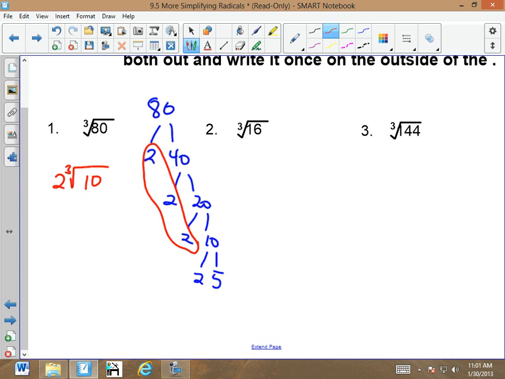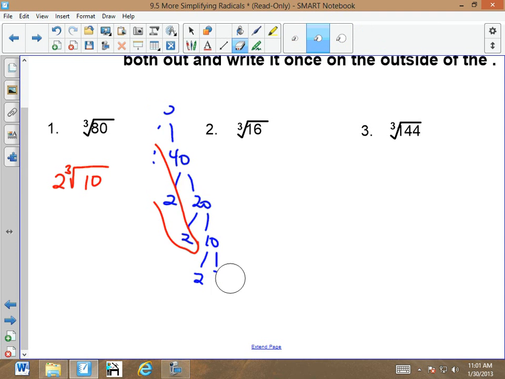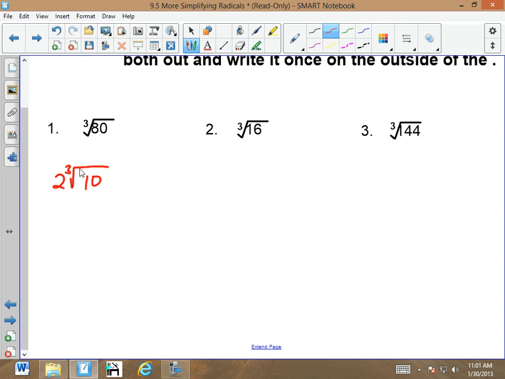Okay, so let's go with 144. I'm going to go 2 and... Now this is where you can use a calculator. 144 divided by 2 is 72. So I can go divided by 2 is 36.